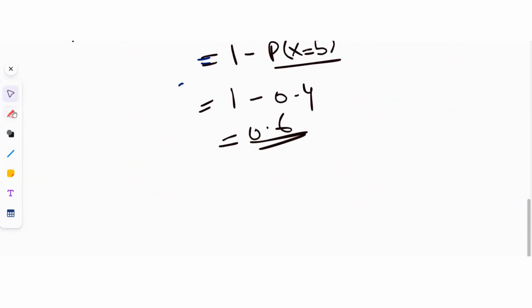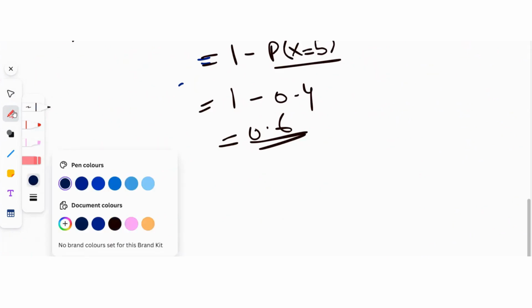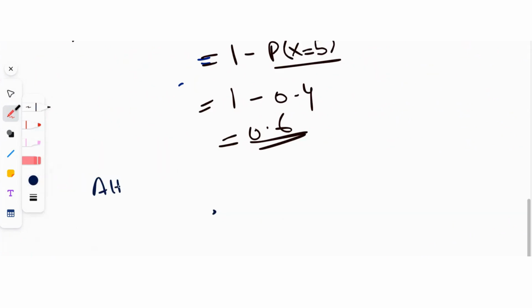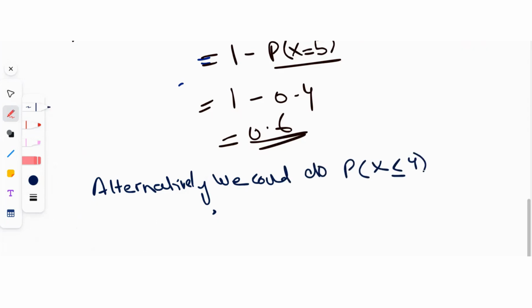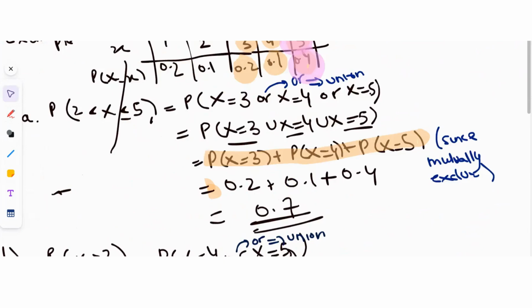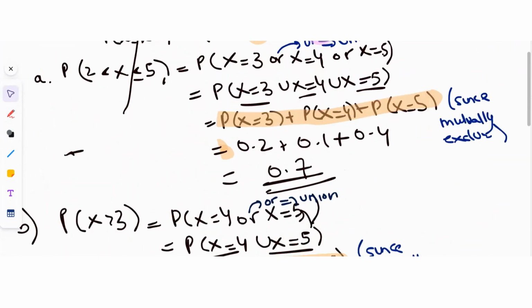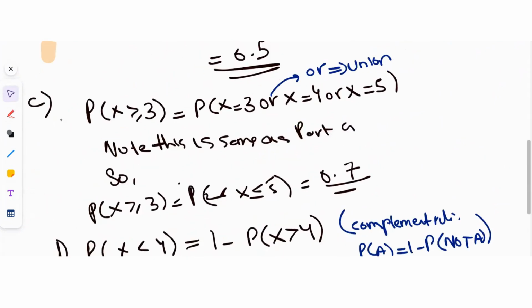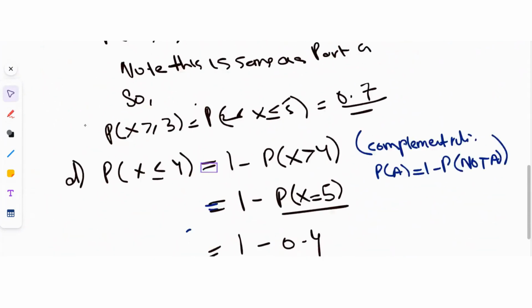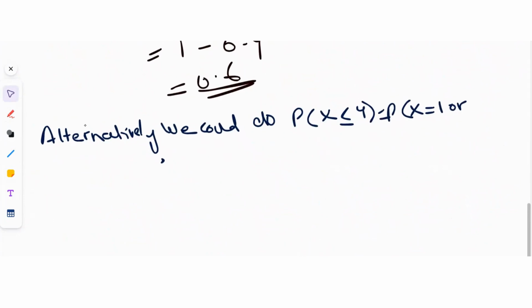Now here we used the complement rule. Alternatively, we could have also done this without the complement rule. We know x less than or equal to 4 means that it's 1, 2, 3, or 4, right? Given the values it can take. It's important to keep in mind the values it takes for us to know what probability x is greater than 3 means and what probability x is greater than 4 means.